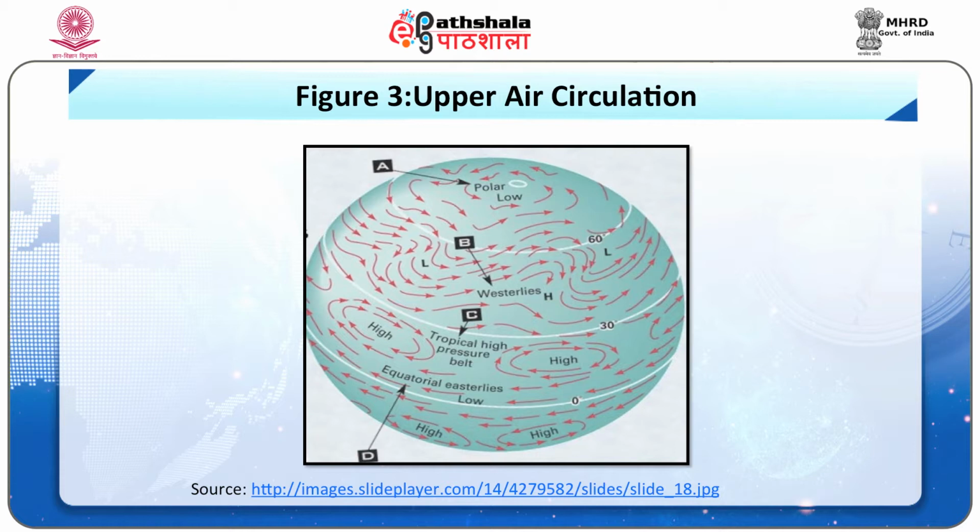The figure 3 shows 4 major elements of upper air conditions, namely A. Polar low, B. Persistence of upper air westerlies in the middle and higher latitudes, C. Tropical high pressure belt, which is constituted by a number of high pressure cells, and D. Equatorial easterlies between equator and subtropical high pressure cells. The upper geostrophic winds are easterly. Similarly is the condition in the southern hemisphere.